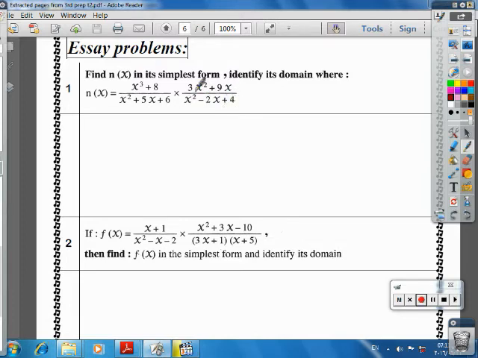We studied before how to factorize, how to take HCF, and also how to factorize the sum of two cubes.